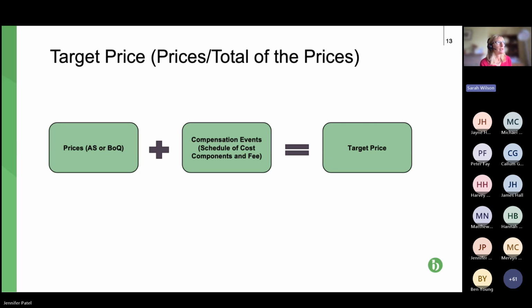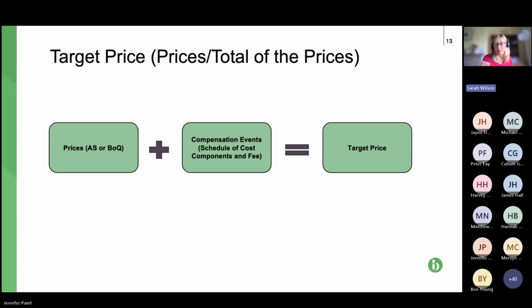The difficulty on a practical level, and this applies to all of these pain gain contracts, not just the NEC, is that if you have your target, which is increasing or not, depending on how many compensation events there are, and you have the contractor carrying out the works and being paid as they go along, in order to work out the pain gain at practical completion properly and accurately, so that both parties are happy with it, you have to have a situation where at practical completion both parties agree the target price stroke revised target price.